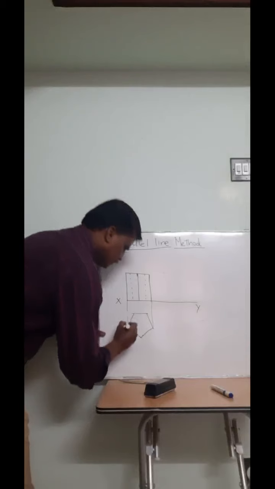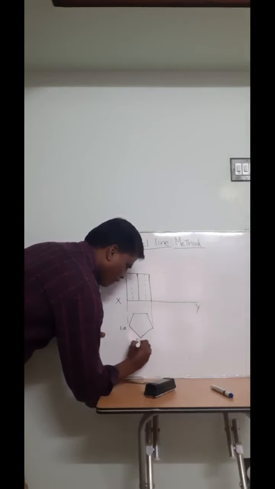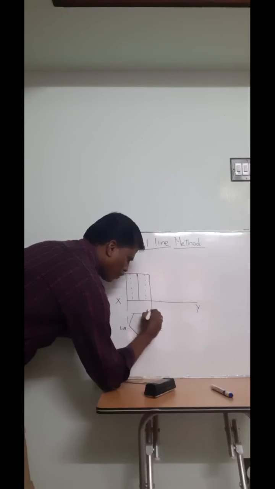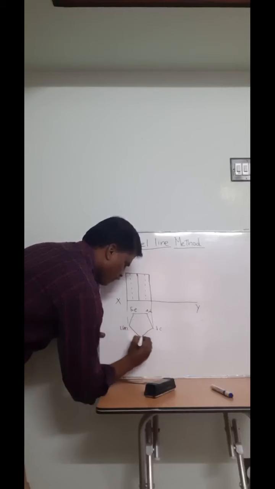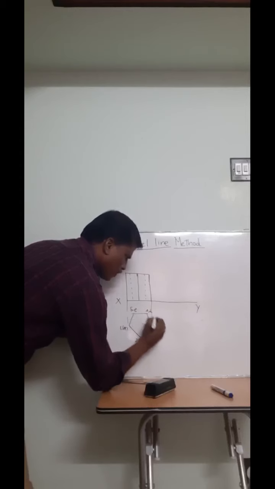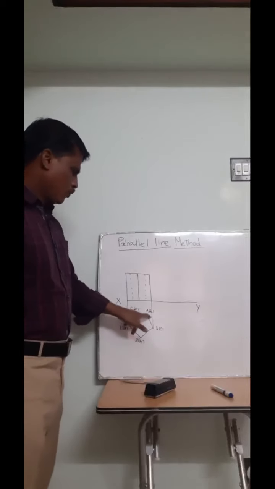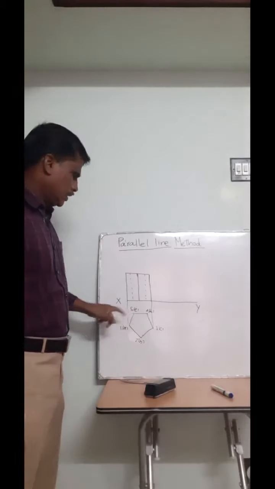So give the names. One, two, three, four, five are the top corners, A, B, C, D, E the bottom corners.